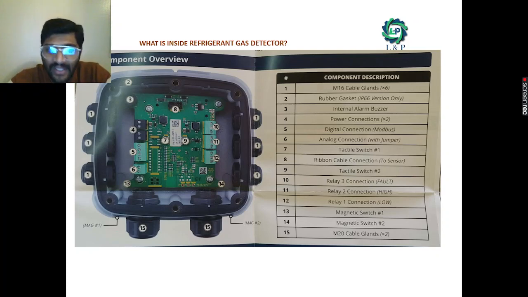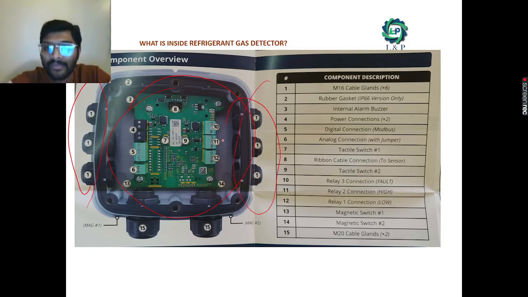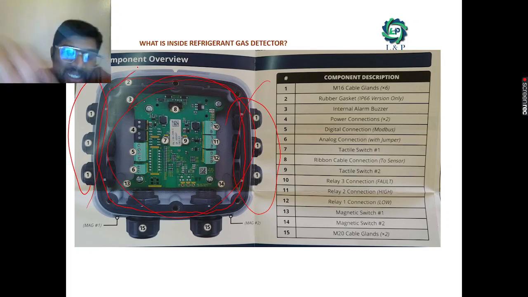Since this is a gas detector, we have an electronic board inside it, with numerous provisions. For example, for the cable to enter inside, we have an M16 cable clamp. Second, as I told earlier, we have a rubber gasket in the corner to close it properly and make this device IP66 rated.